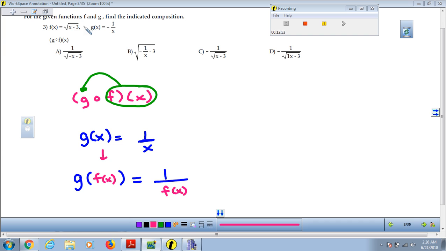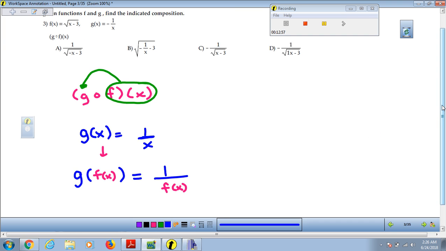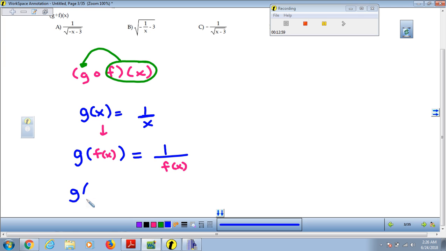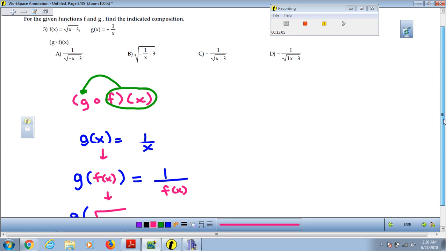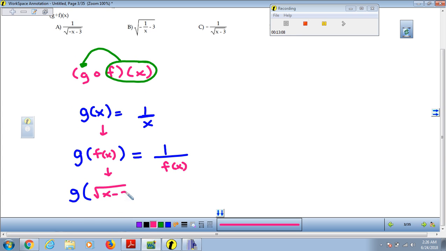This one right up here with the square root. So in my next step, f of x is going to be the square root of x minus 3. Okay. So then that would be my composite function.